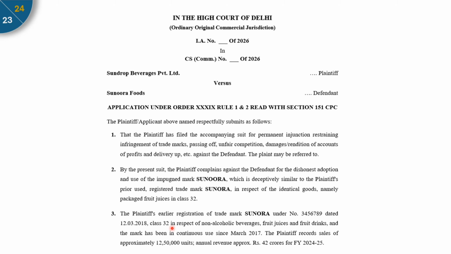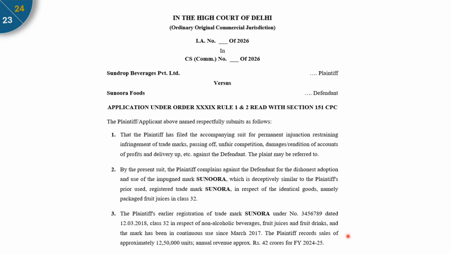Notice two dates: it was registered in March 2018 but used since March 2017, and this gap matters because it tells the court that this mark has been alive in the market for years. And then the number we are disclosing here: 12 lakh units, 42 crore rupees in a single year.